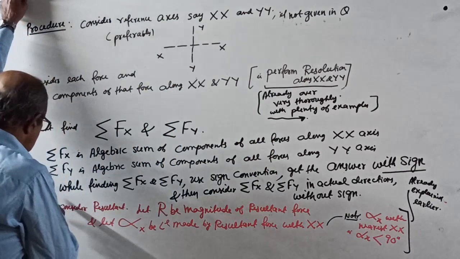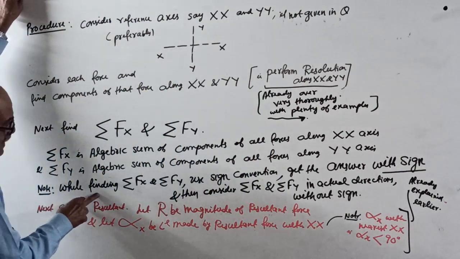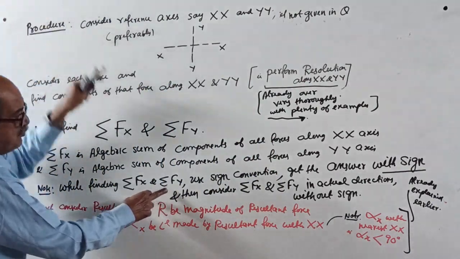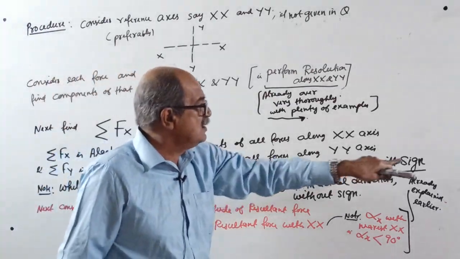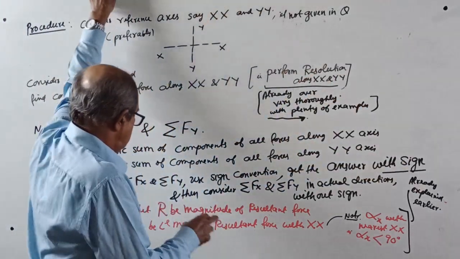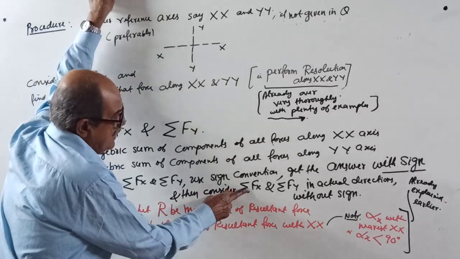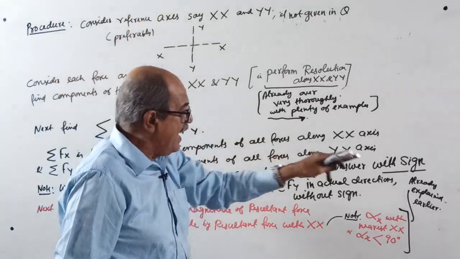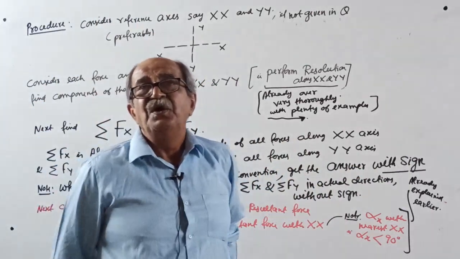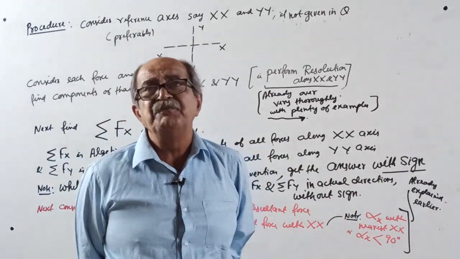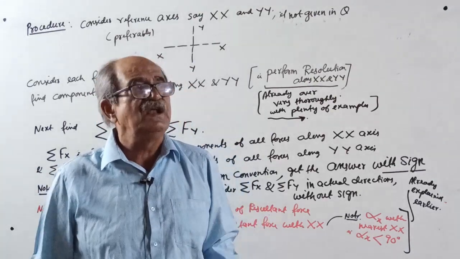Okay, now, very important, while finding sigma Fx and sigma Fy, use sign convention. Get the answer with sign. Then consider sigma Fx and sigma Fy in actual directions without sign. See, while calculating sigma Fx, sigma Fy, use sign convention.